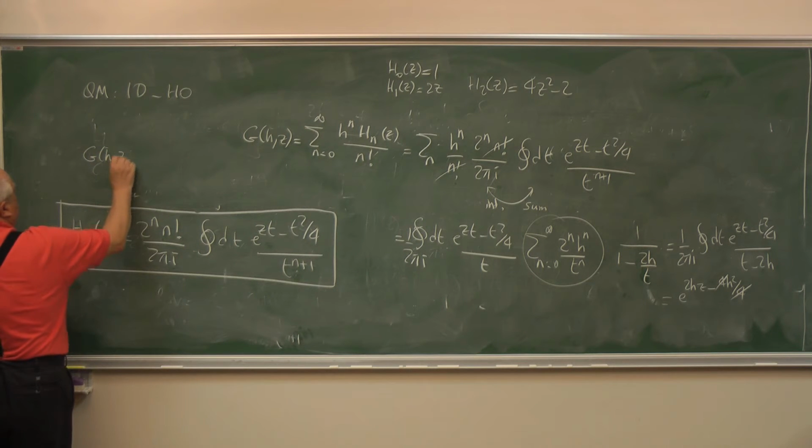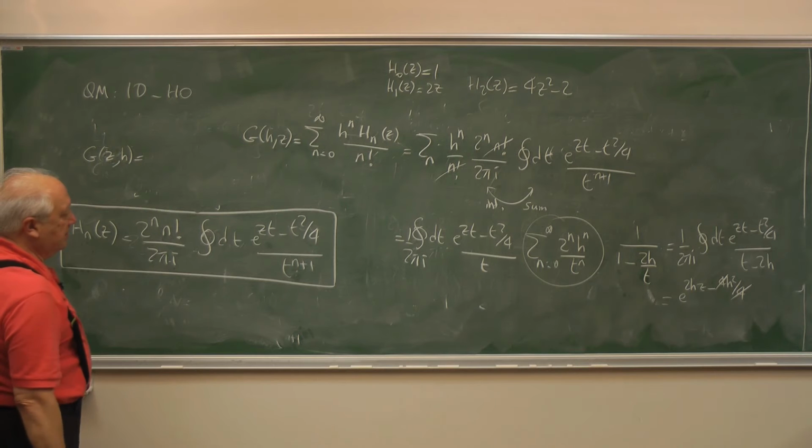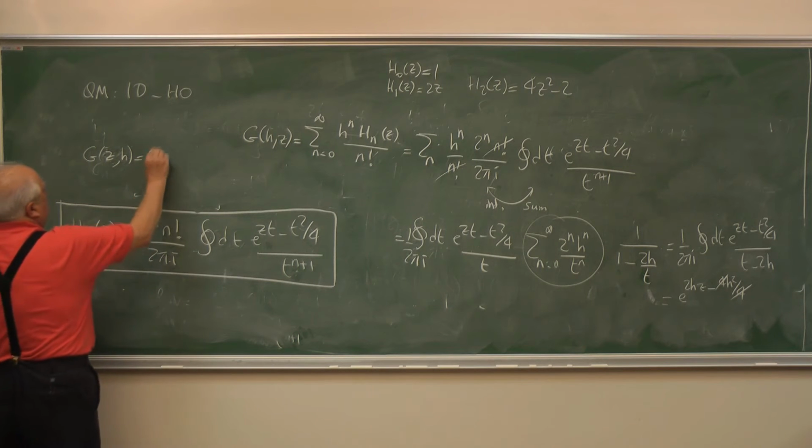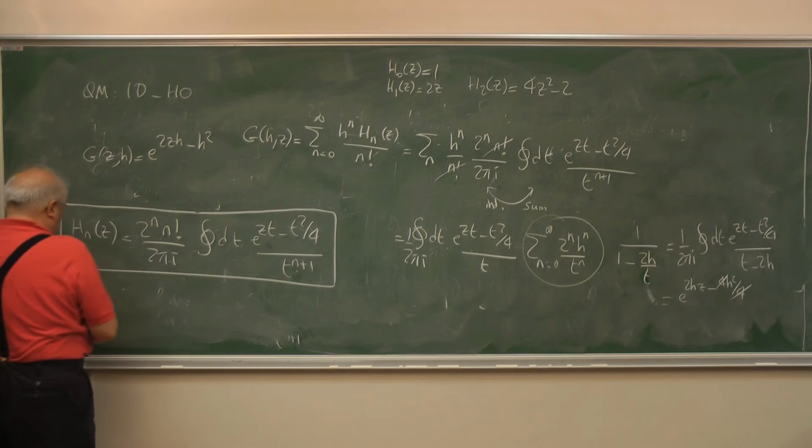So G(z,h) is equal to, I changed the order, doesn't matter, e to the 2zh minus h squared.